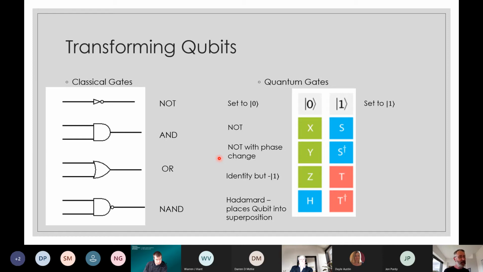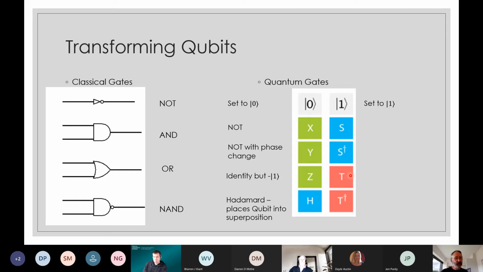We have wires and we can do things with them, like AND two wires together. If it's a single line, we can NOT it. So if we've got a naught, we can make it 1. If we've got two lines, one might be naught, one might be 1, we can take the AND of that and we get naught. And that's how we build computers, or more specifically, we use NAND gates.